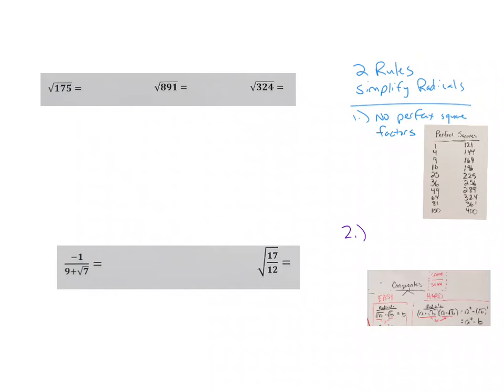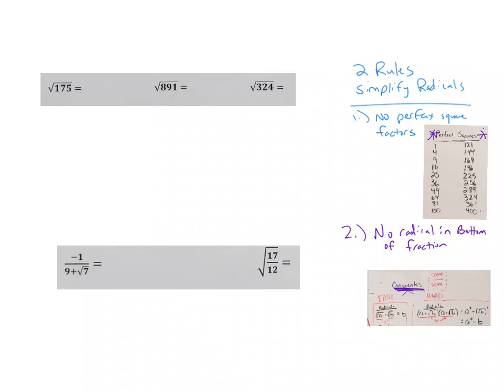When there are no perfect square factors, that's when I'm going to use this list of numbers up here. This list is going to help me with that rule. The second rule is no radical in the bottom of a fraction. And that's when I'm going to use the conjugates. Conjugates are going to help me there.